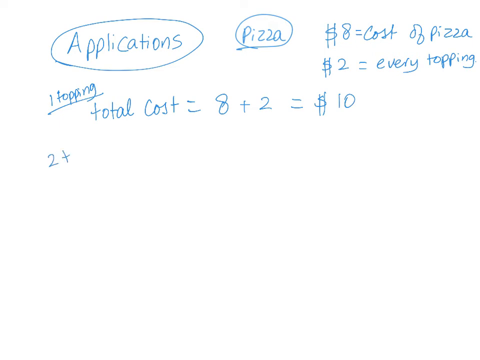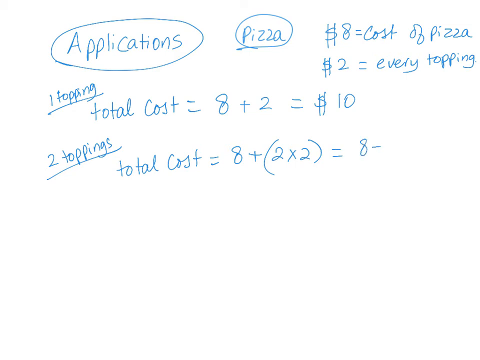What about 2 toppings? Then the total cost would be the $8 for the pizza plus 2 times 2, because it's $2 for each topping, and you're getting 2 toppings. So that would become 8 plus 4, which becomes $12. What about 3 toppings?